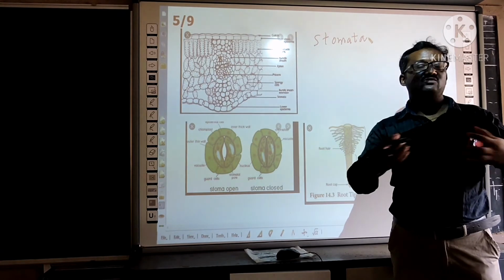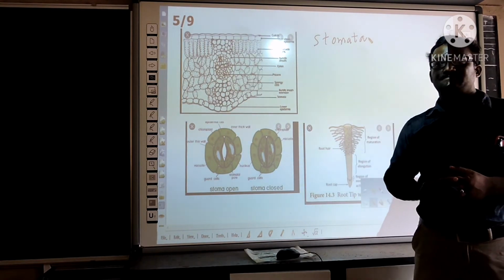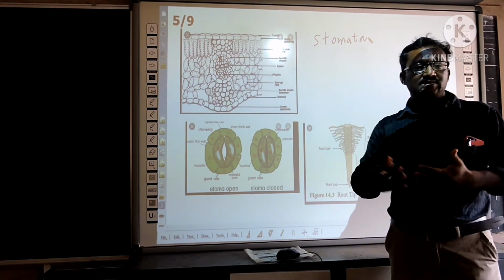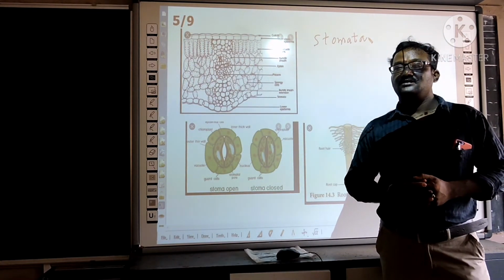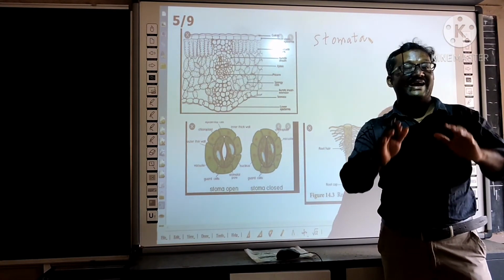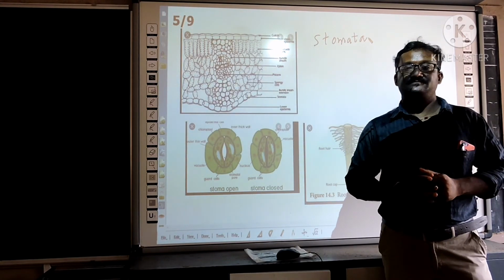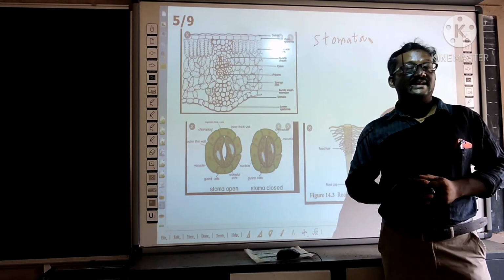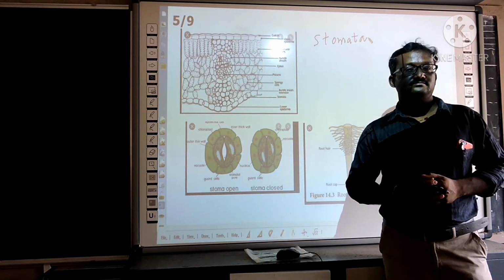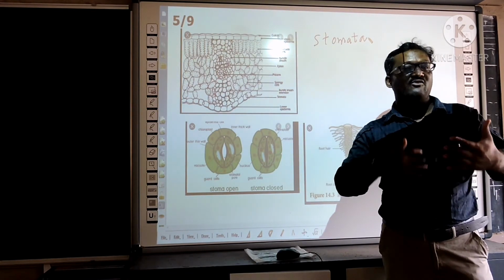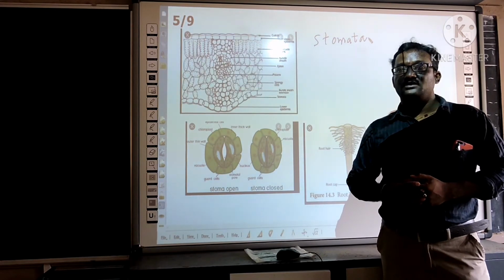Root hairs absorb the water and minerals. In desert plants, which are also known as xerophytes, the dermal tissue forms a waxy layer. This waxy layer prevents the loss of water from the plant body. So like this, it performs various functions.